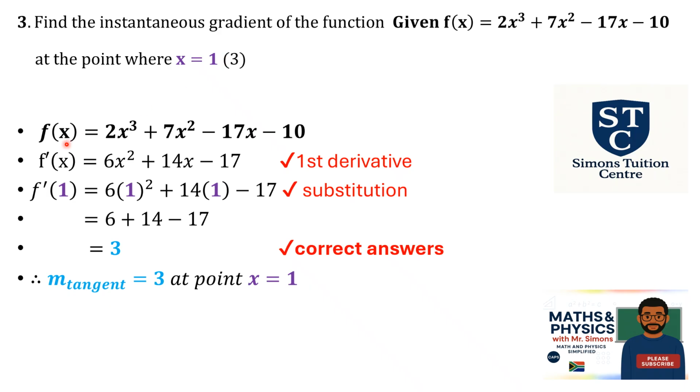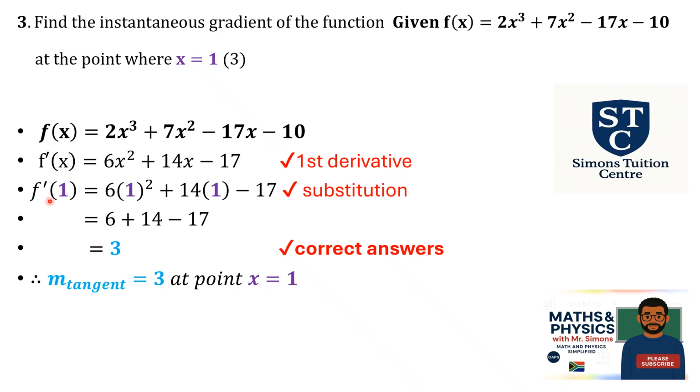So first derivative, f prime x, means I multiply the exponents with the coefficients and subtract 1 from the exponents. So 3 times 2 gives me 6. 3 minus 1 gives me 2. 2 times 7 gives me 14. 2 minus 1 gives me 1. 1 times negative 17 gives me negative 17. And the first derivative of a constant is 0.